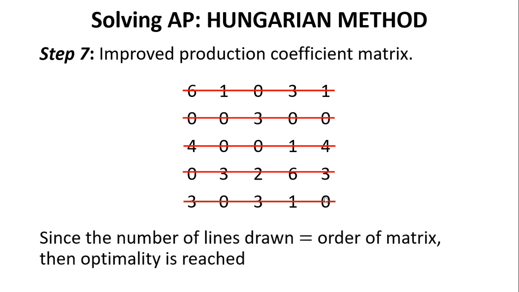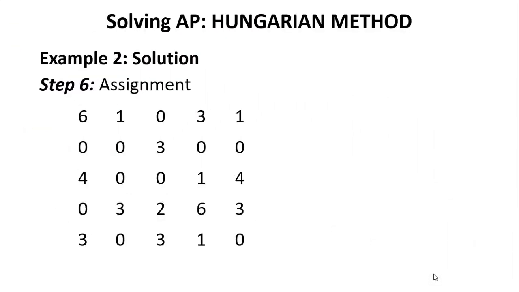So the optimality is reached, and we are going to make an assignment from this matrix. The assignment is made at the row or column with a single unassigned zero. We have the first row with a single unassigned zero. We make the assignment there, and we cross all other zeros in the respective row.